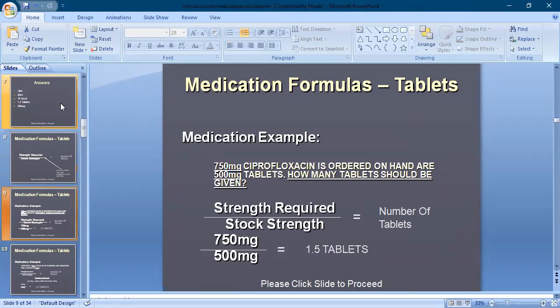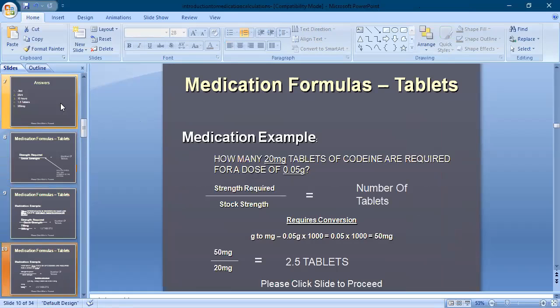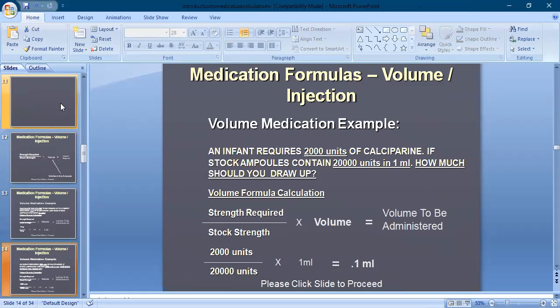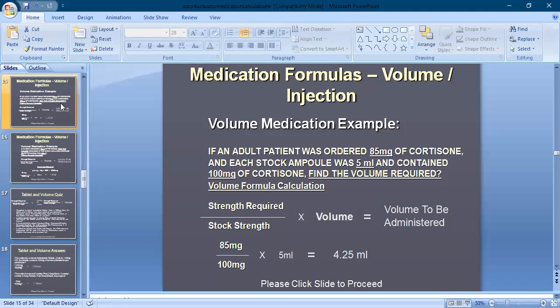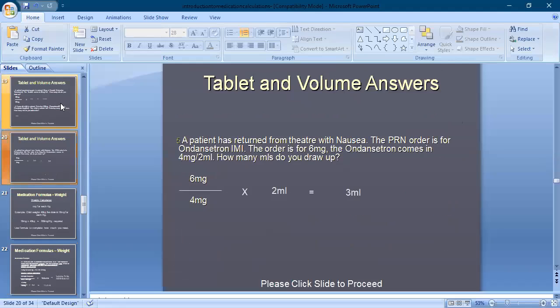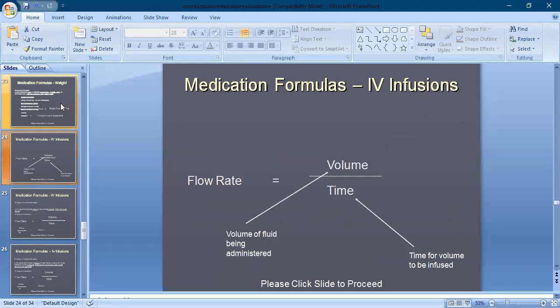So this is basically the flow rate formula. Flow rate equals volume per time. So these are 3 numbers. If NCLEX gives you any 2 numbers, you can find the other one.